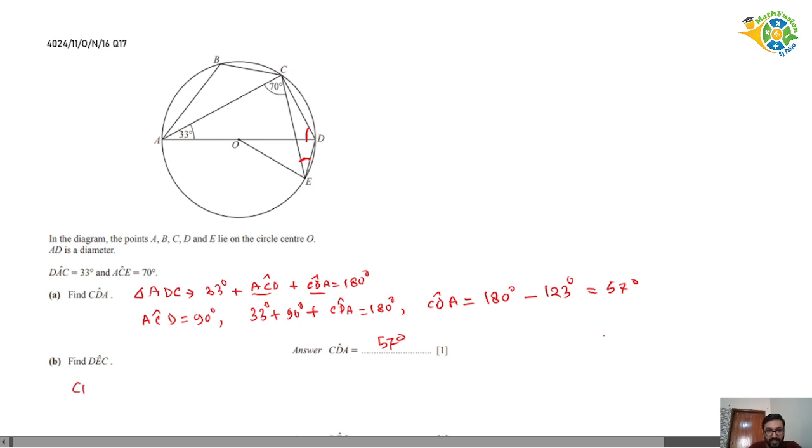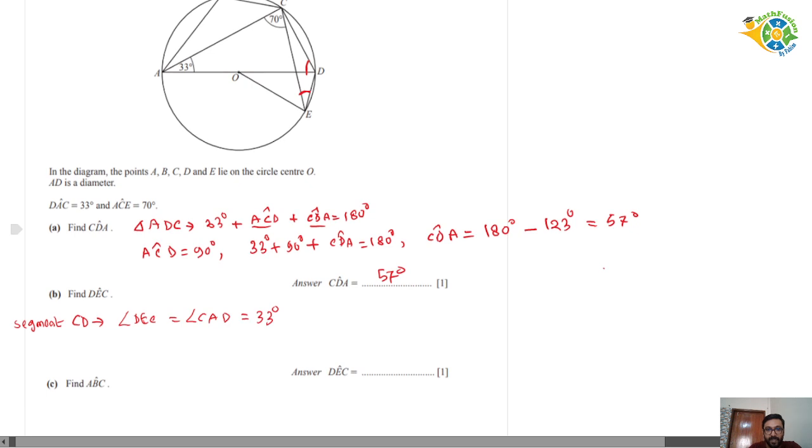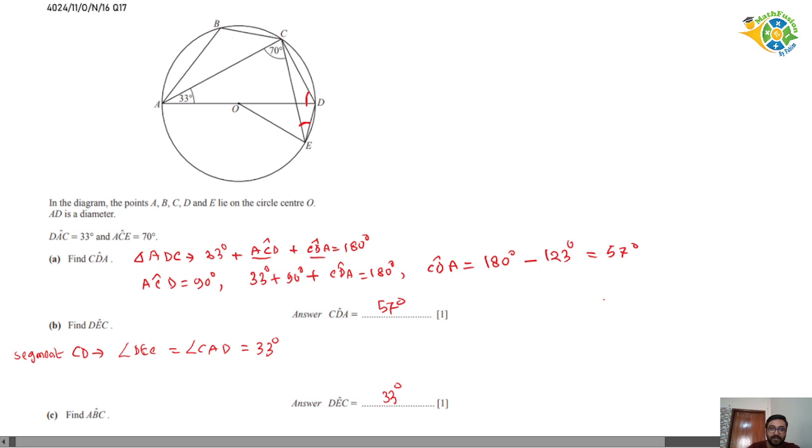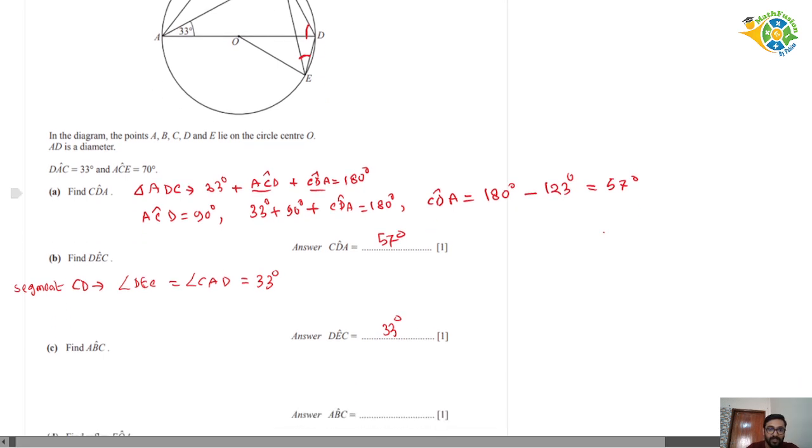So from segment CD, the angle at circumference DEC equals CAD equals 33 degrees. Okay, so DEC equals 33 degrees. So moving to the next question.